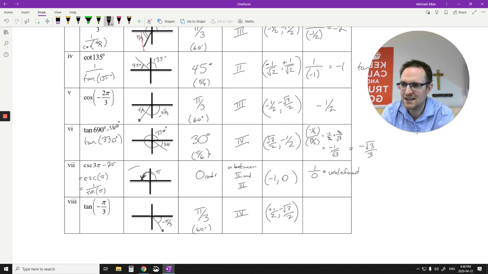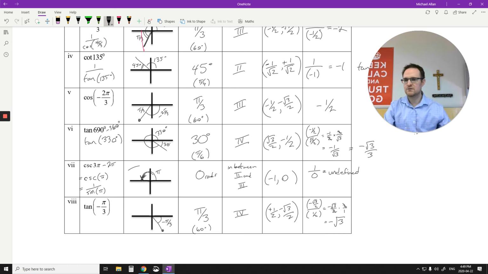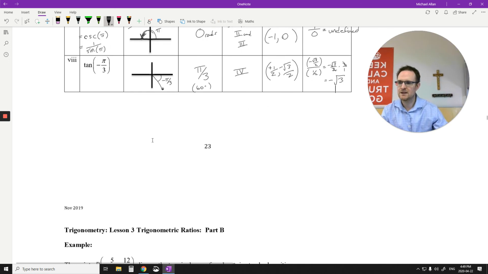And we're doing tan. Well, I had a tan for a 30. This is a tan for a 60. Okay, so it's going to be y over x. Take the reciprocal, multiply it. Negative root 3 over 1, but you just write down negative root 3 and you're fine.